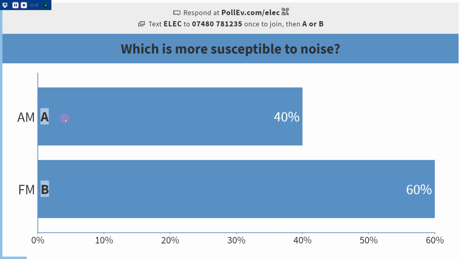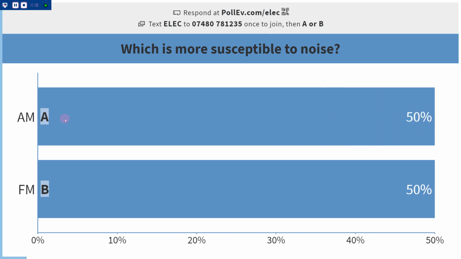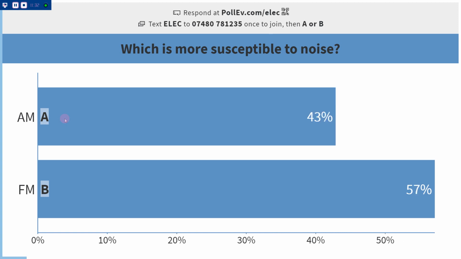So in FM, adding noise will affect the amplitude, but it won't affect the quality of the signal. So FM does suffer from noise, but not as much as AM.